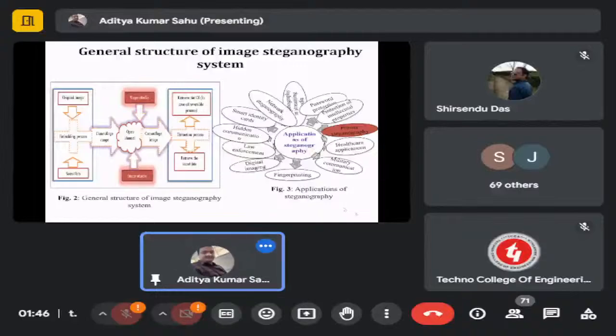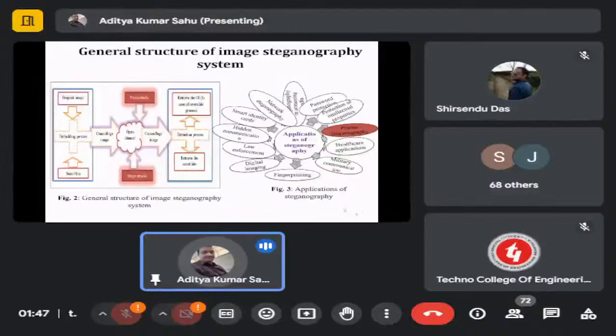During this open channel transmission, any number of stego attacks are possible. Okay, and at the receiving end, the opposite of the embedding process will be followed, and the information will be retrieved. Okay, this is the steganographic system, or we may say an irreversible steganographic system.